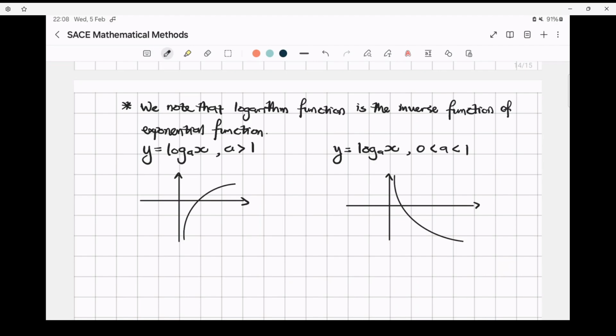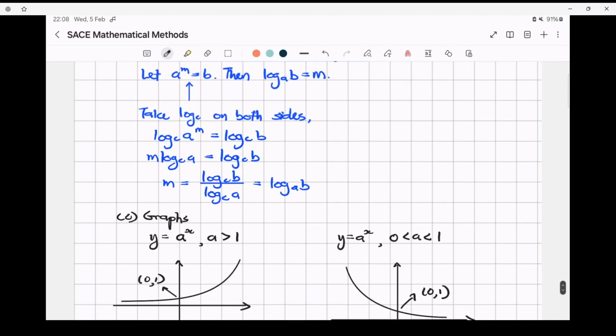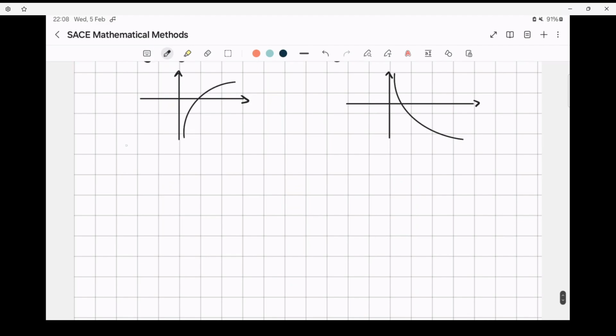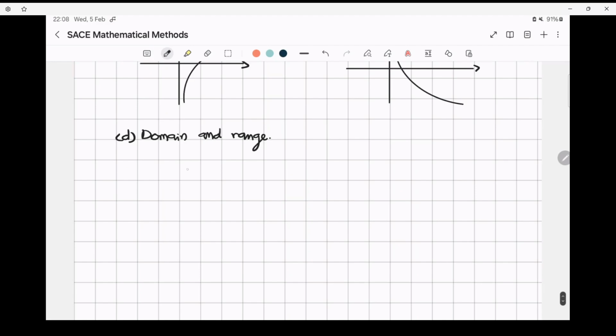So of course, coming from the graphs, you also need to be able to identify the domain and the range. For this, we can draw a table.